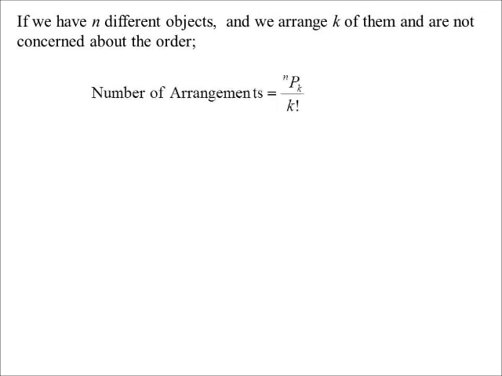So the number of permutations divided by the number of ways we could arrange the objects. Now, if you remember the formula for nPk, it was n factorial over n minus k factorial. So now that we're also dividing by k factorial, we get this formula, n factorial on n minus k factorial, k factorial. The 2 numbers on the bottom will always add to give the number on top with this.